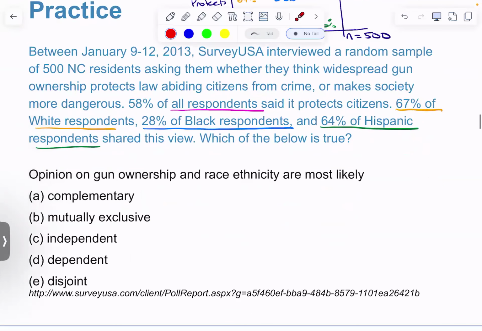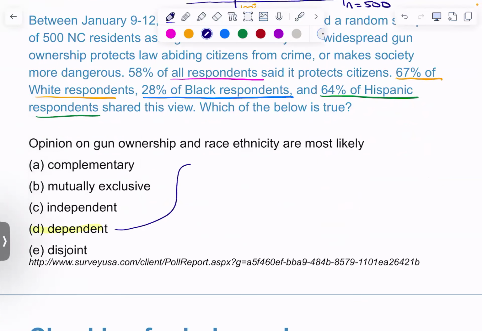And so opinion on gun ownership and race, ethnicity are most likely, I'm just going to tell you that the answer is dependent. Why?